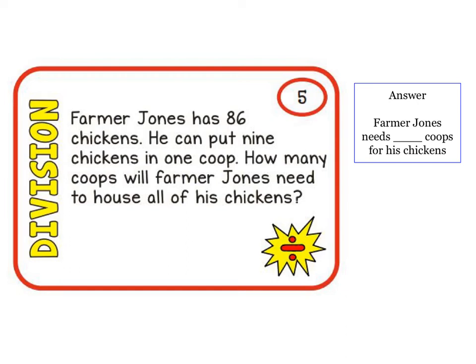Okay, so reading the problem, I know that 86 chickens is going to be my total. I know that I'm going to break it into groups of 9 because he can put 9 chickens in 1 coop. And the question is asking me how many coops he will need.